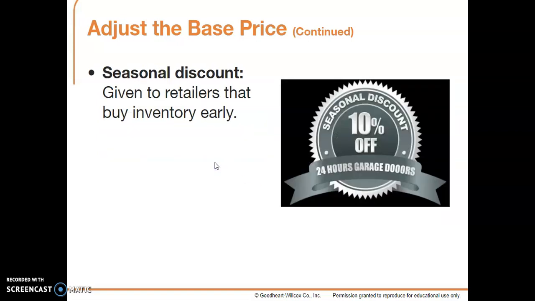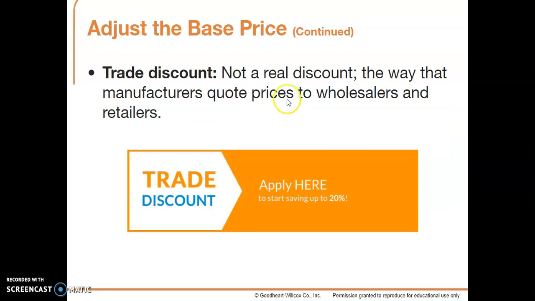A seasonal discount is given to retailers that buy inventory early. That's why we often see products coming to the market earlier and earlier, because different retailers are getting those products at a discounted price. And a trade discount is not a real discount.